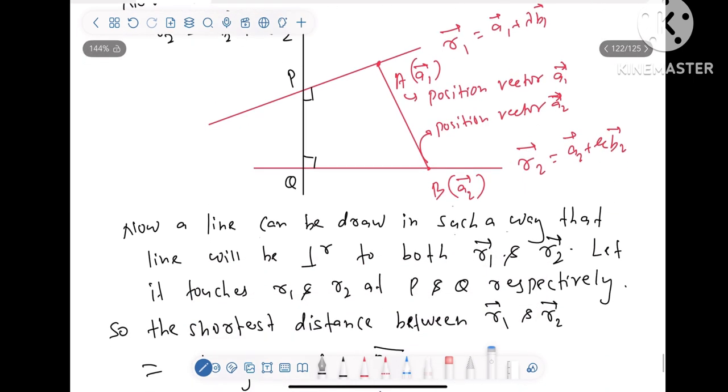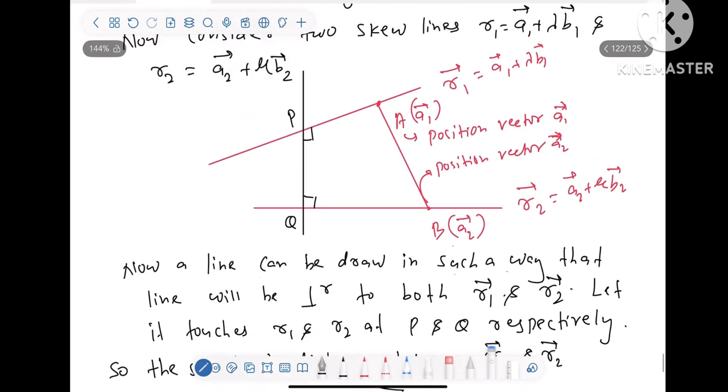Now draw a line. A line can be drawn which is perpendicular to r1 as well as r2 in space. Just imagine a case where two lines are in space; we can connect them by a line which is perpendicular to both the lines.